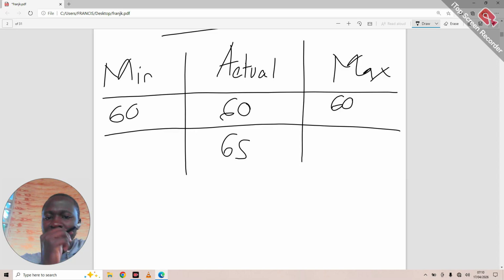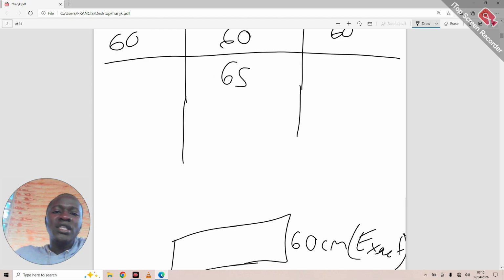So that means a value which is exact does not have an accuracy. Now let us continue. How about 65 centimeters? 65 centimeter has an accuracy of what, guys? Of 1.